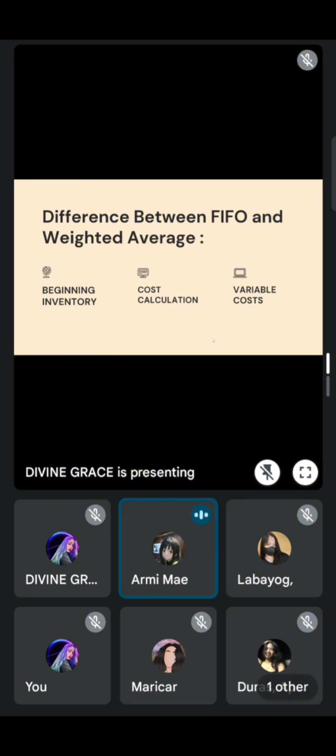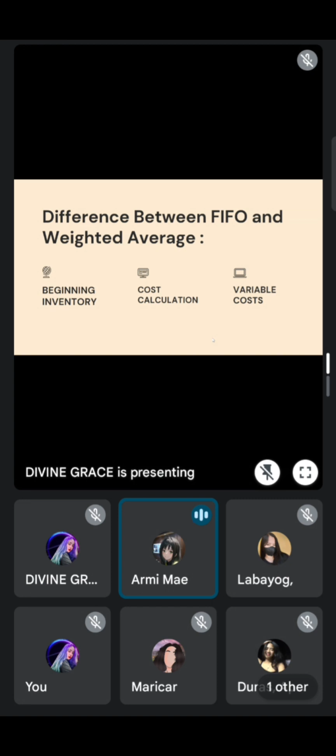We have the beginning inventory. So imagine blending everything together. Completed units from the beginning are combined with the units we're making this month. We consider them together. In cost calculation, we calculate cost per unit by considering both last month's and the current month's cost. It's like finding the average cost.